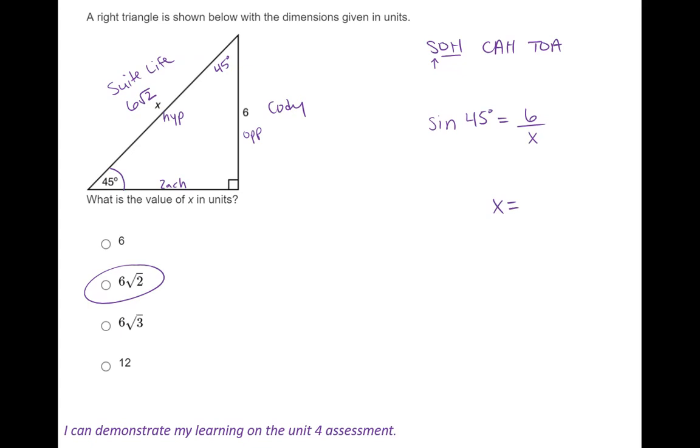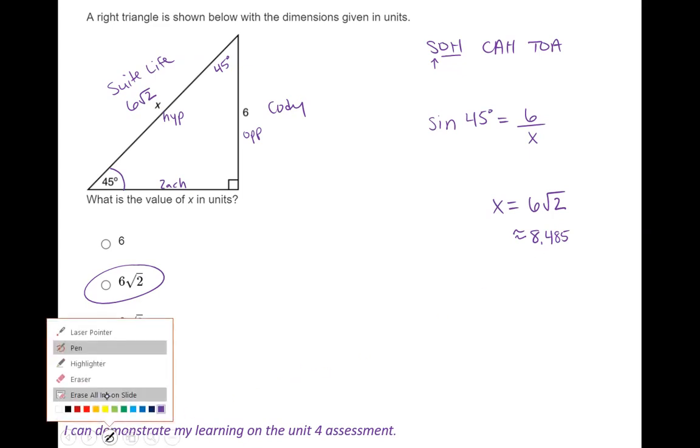Sorry, having a slight calculator delay. I had to change a setting. So 6 square root of 2 is what you would end up with, which is 8.485 and so forth.